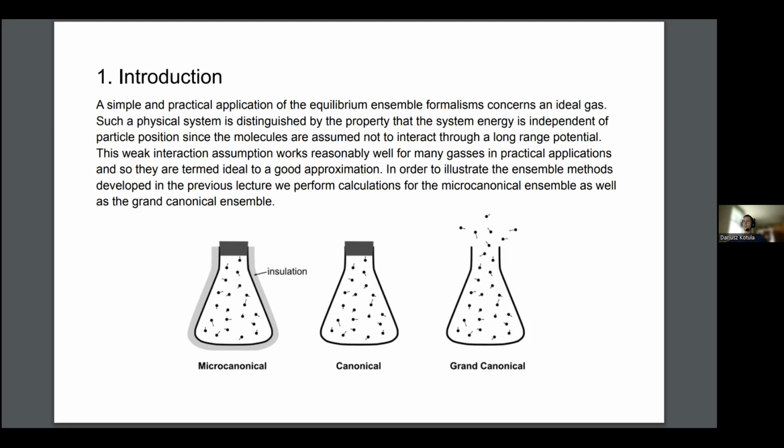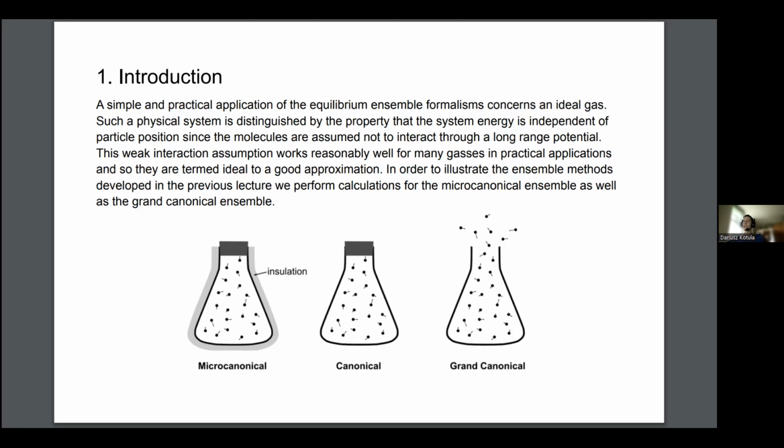Due to the fact that there was no lecture for a long time, let me briefly recall the ensembles that were discussed recently. Three different configurations have been considered. First, completely closed to the environment. Here, conserved quantities for the dynamical system will be constant in time. Such a configuration is termed microcanonical.